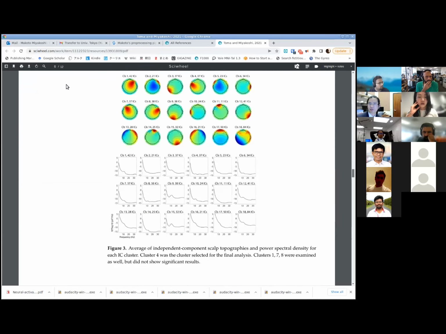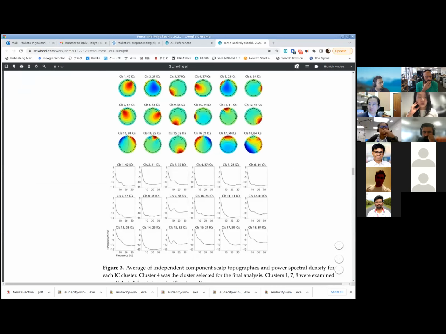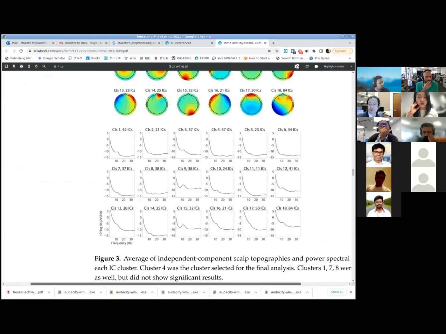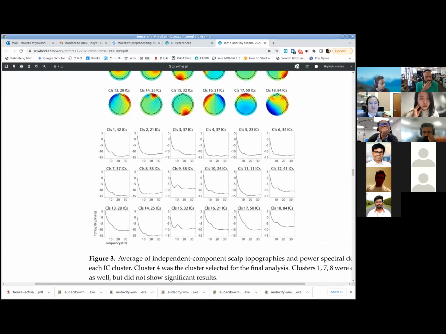So this is the data. I don't know if you see what I saw, but when I see this plot, this is a power spectrum density. You know, typically you get it after running FFT on your data. For me, this is a really strange power spectrum density, which I have almost never seen.